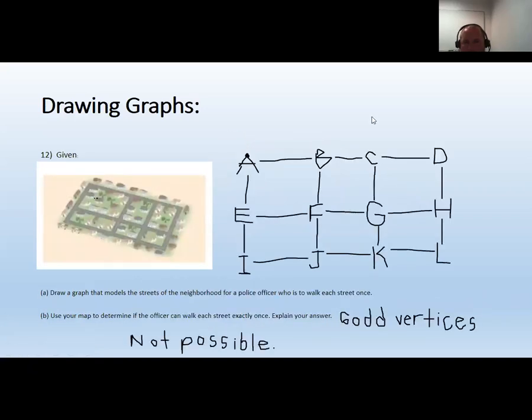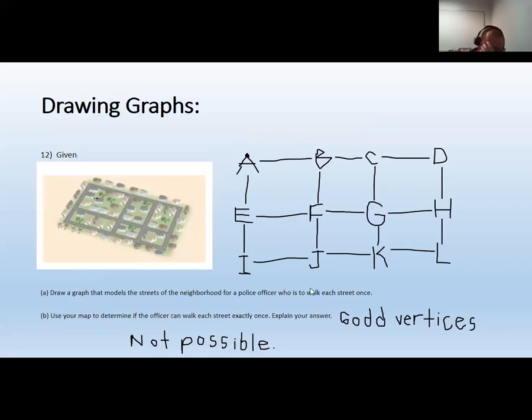Okay. Let's try this problem. Draw a graph that models the streets of the neighborhood for a police officer who is to walk each street exactly once. And then B says, use your map to determine if the officer can walk each street exactly once. Explain your answer.